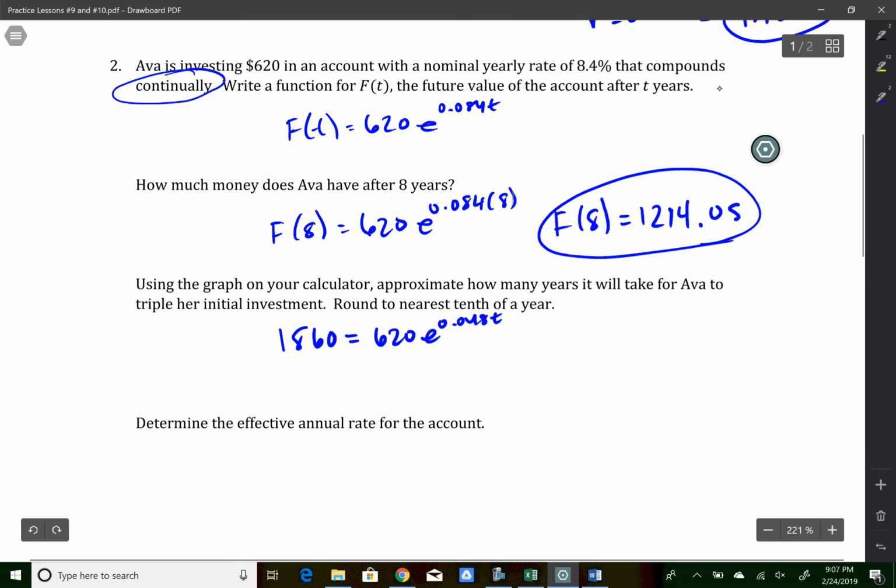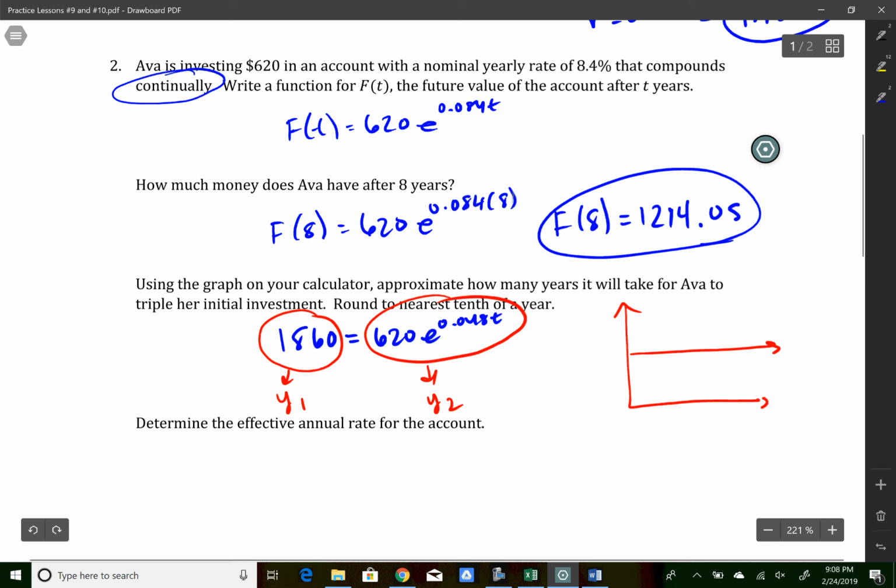I have an equation that I can't solve algebraically, but I can solve graphically by setting both sides of the equation as an equation in my calculator and then see where they intersect. You're going to get a straight line for the 1860, and an exponential growth function for the other side. I want to know where they intersect, right?